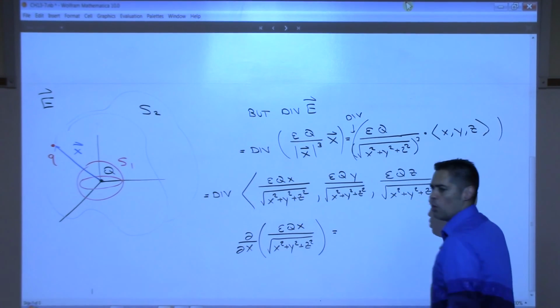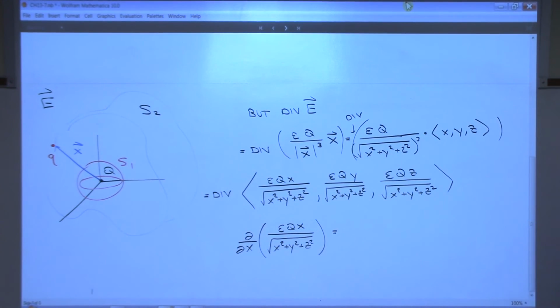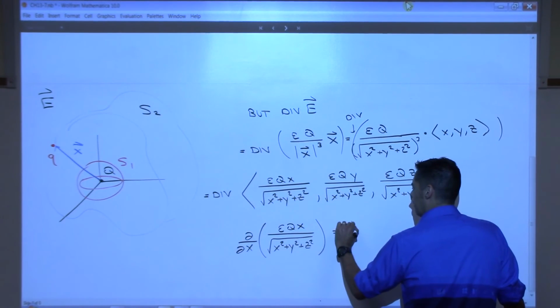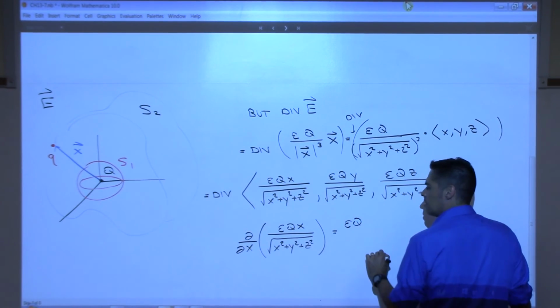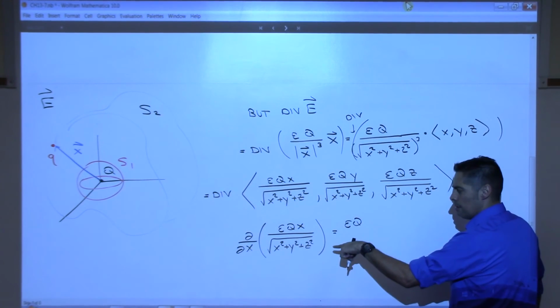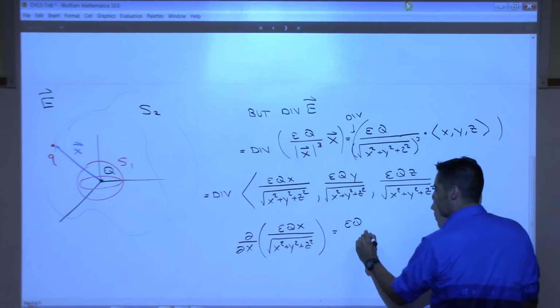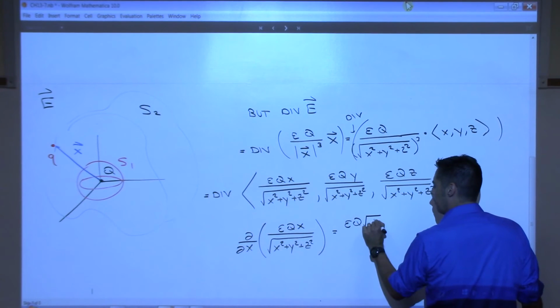All right, quotient rule. Derivative of the top with respect to x, epsilon q, times the bottom. I'm going to go root junk.